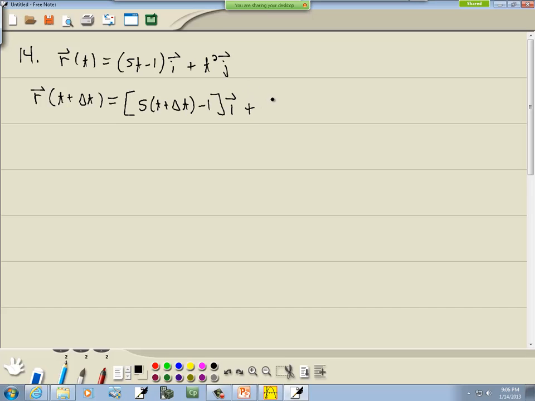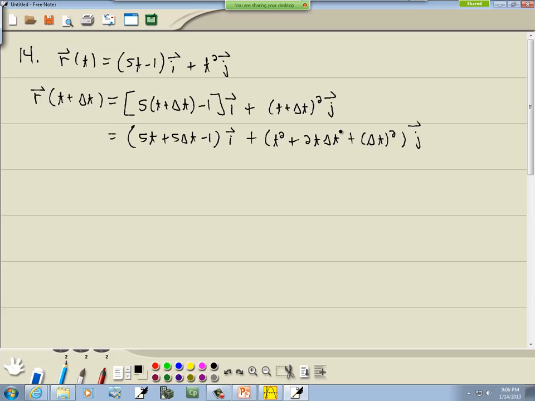Then plus t plus delta t squared j. Well, 5 times t is 5t. 5 times delta t is 5 delta t, minus 1, i. And when I take t plus delta t times t plus delta t, I'm going to get t squared plus 2t delta t plus delta t squared j, when I FOIL this.